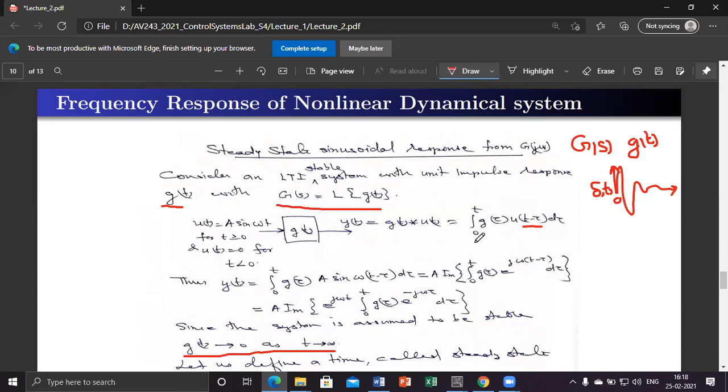That's why we are not extending the limit of tau beyond t. If you use a tau which is greater than t, then the argument will go negative, where u(t) is equal to 0. So there is no point in doing that. And we are starting with the time from t equals 0 only. So this range only is important.